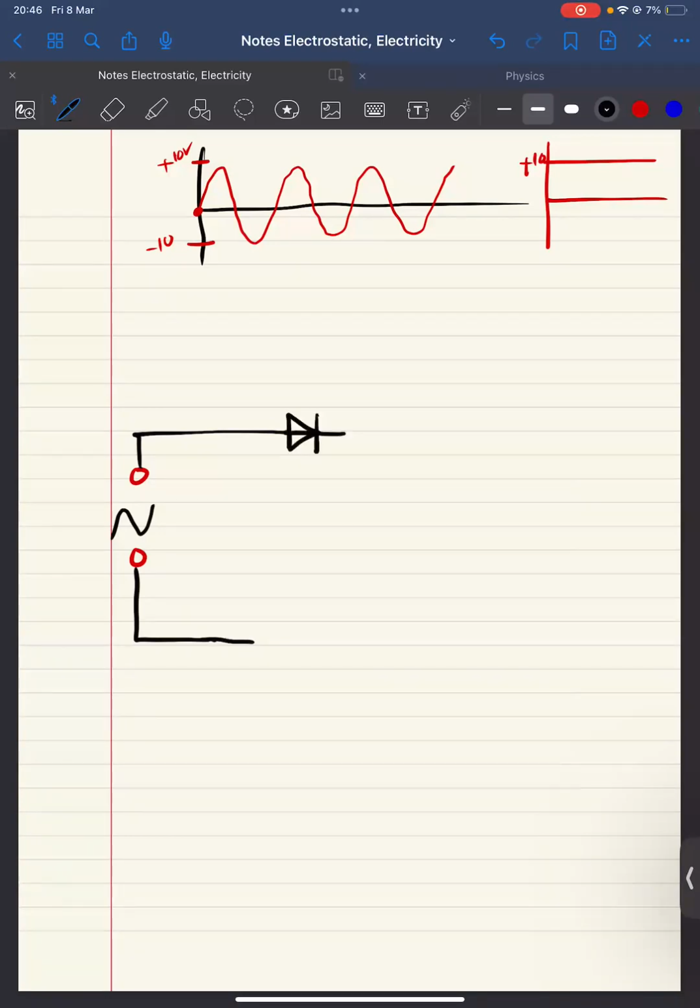I want you to draw this. This is from one of the exams, actually a very early exam. This is a motor.